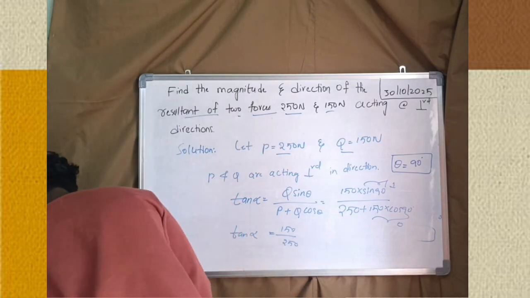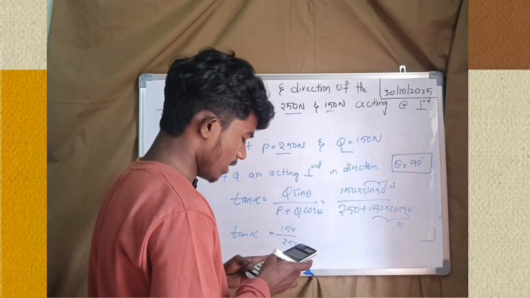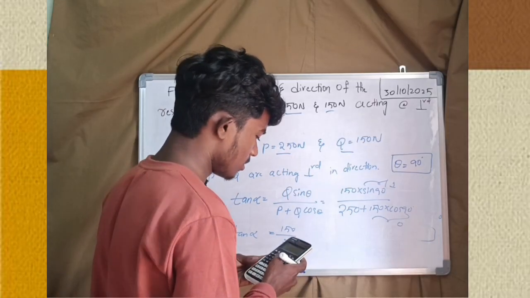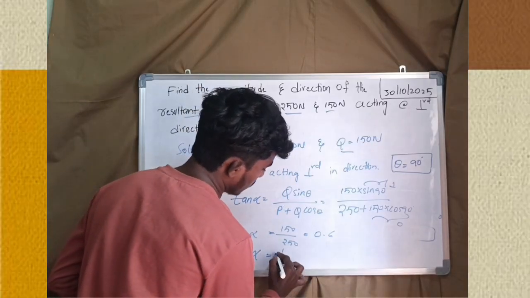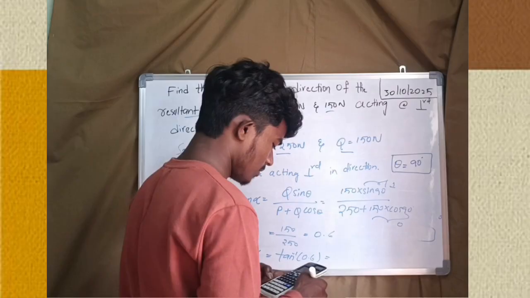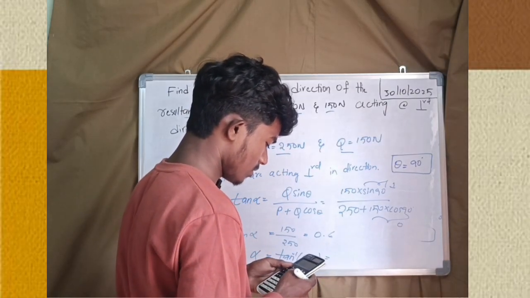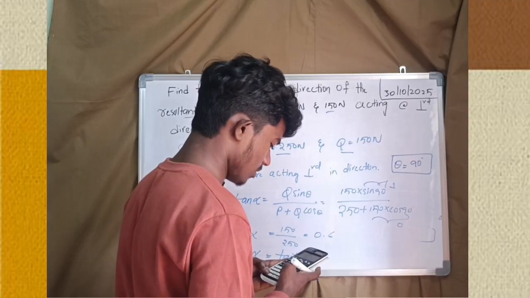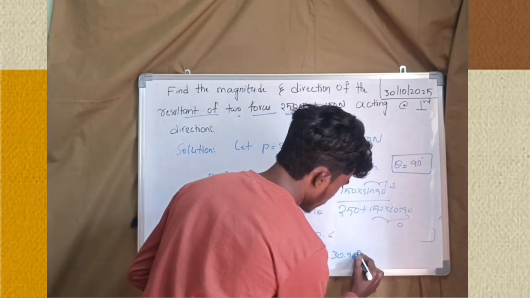150 divided by 250, we get 0.6, and alpha equal to tan inverse of 0.6, we get 30.96 degrees.